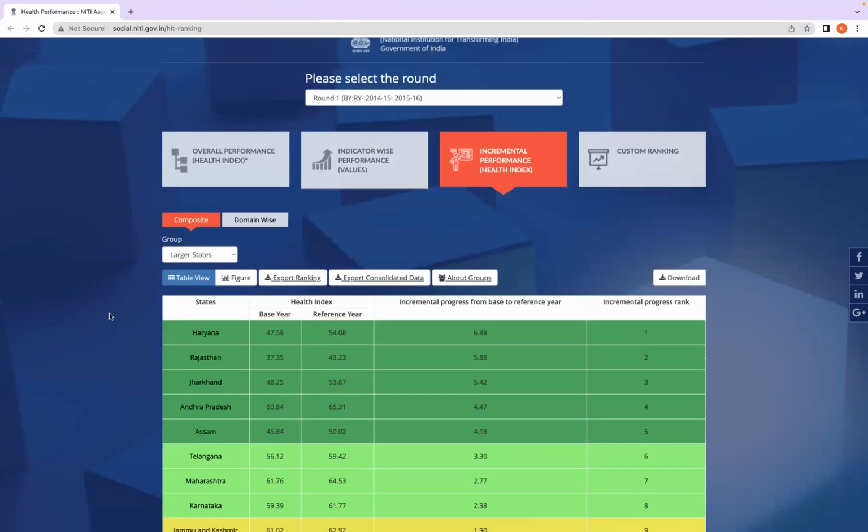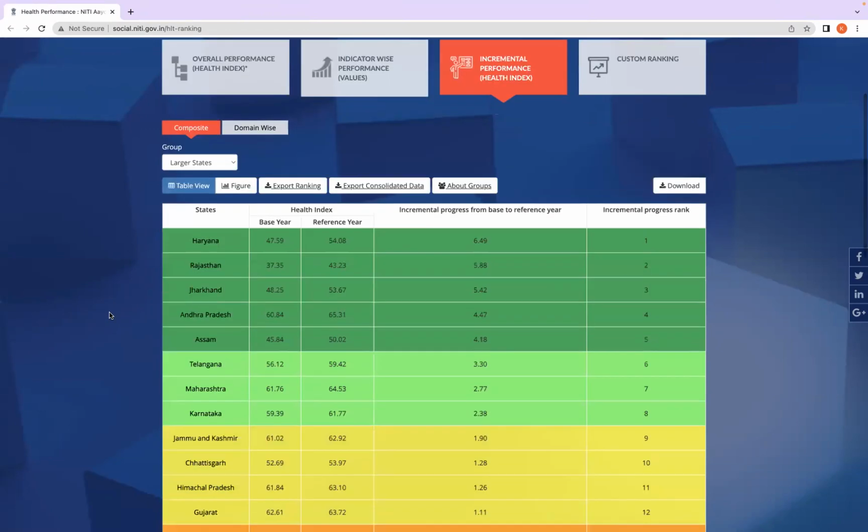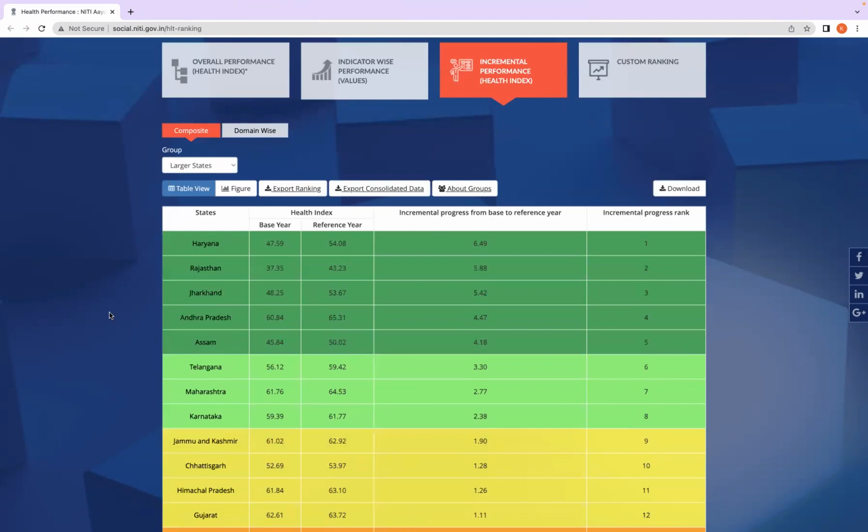Wait. You will get for each state the health index. What is the incremental progress on that, and what is the incremental rank? Just click this one, Khushi. This one first.